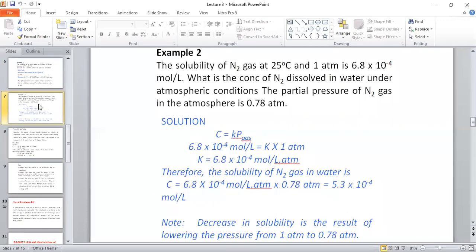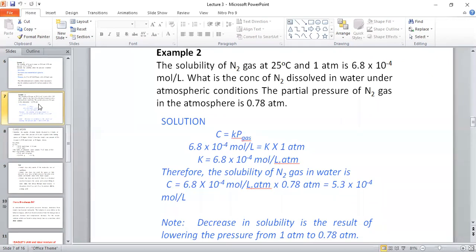So there's another example here. The solubility for nitrogen gas at 25 degrees centigrade and 1 atmosphere pressure is 6.8 times 10 raised to power minus 4 moles per liter, or molarity.